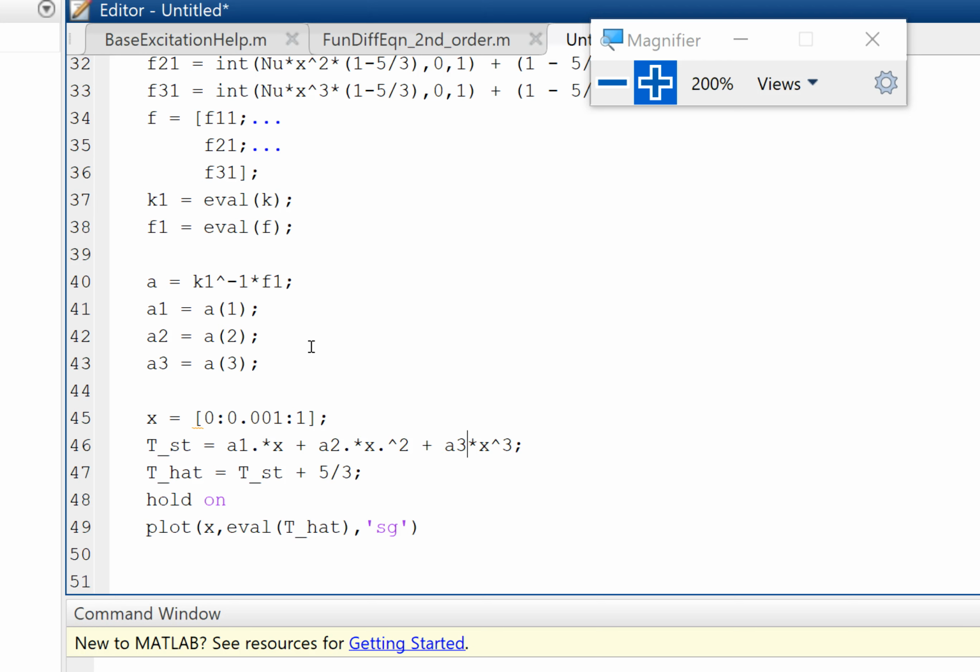Let's try that. It gives me an error using eval. Okay, so if we take off the eval, keep the dots. Try that now. It should work.